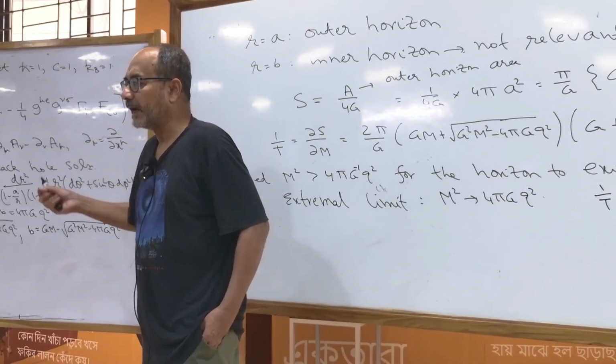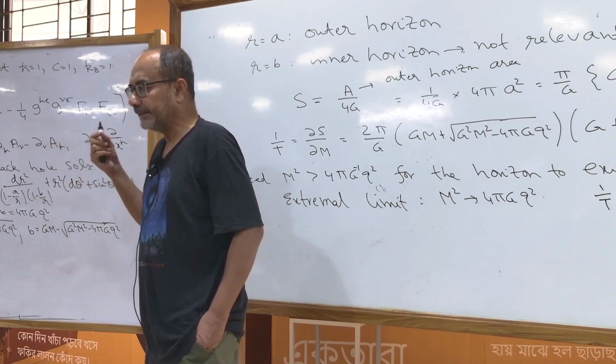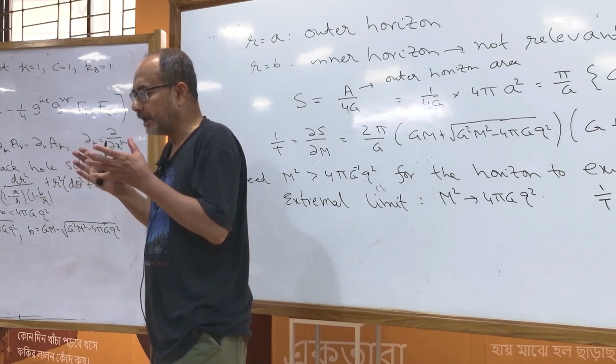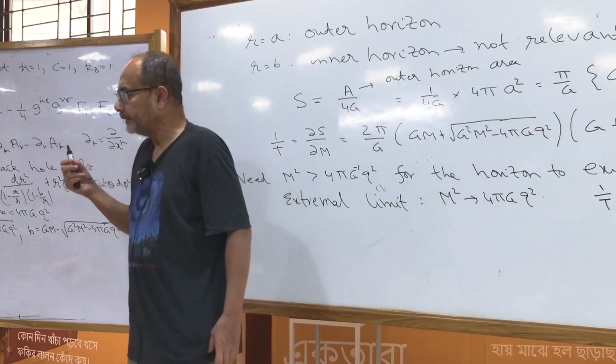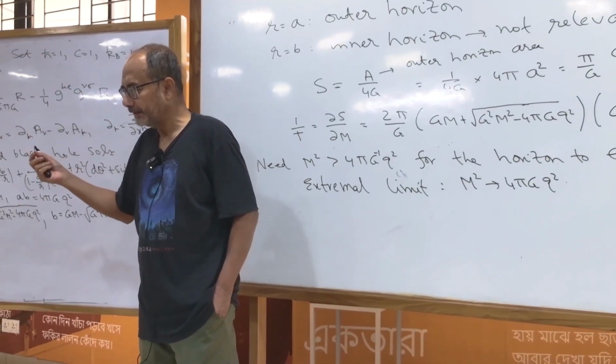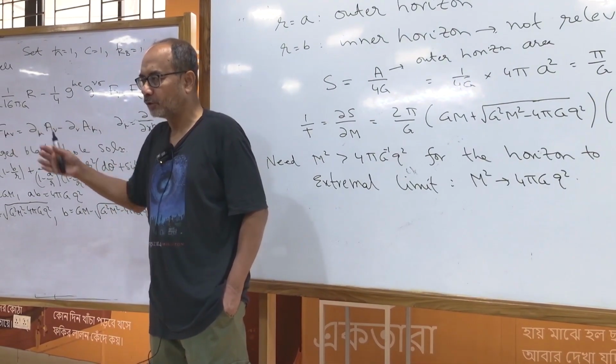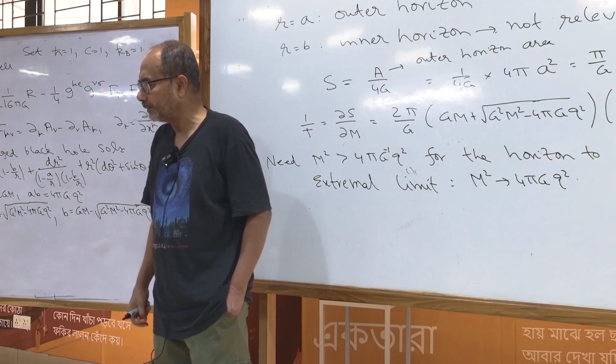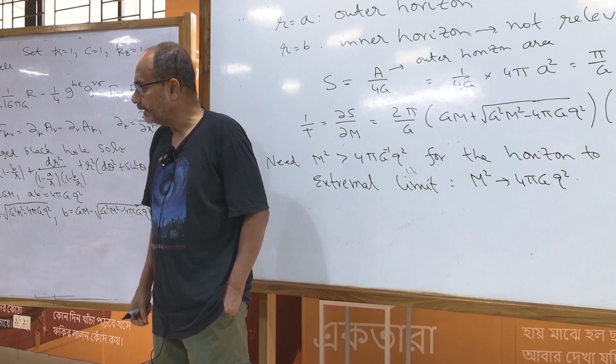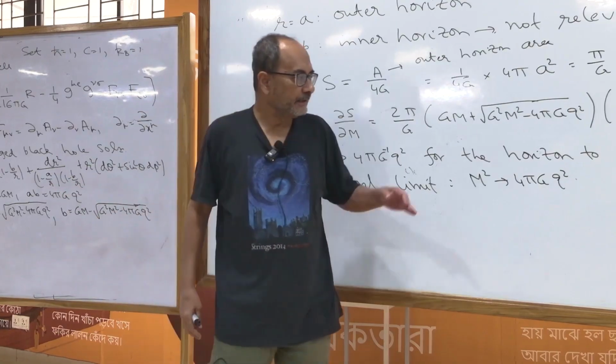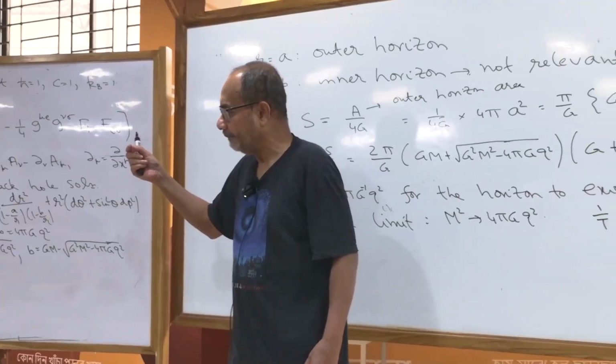So if there are elementary charged particles, it can just emit an elementary charged particle which has small enough mass. It can emit that charged particle, so reduce its charge but not the mass too much. If the charged particle has small mass, then the charge goes down, the mass remains almost the same.